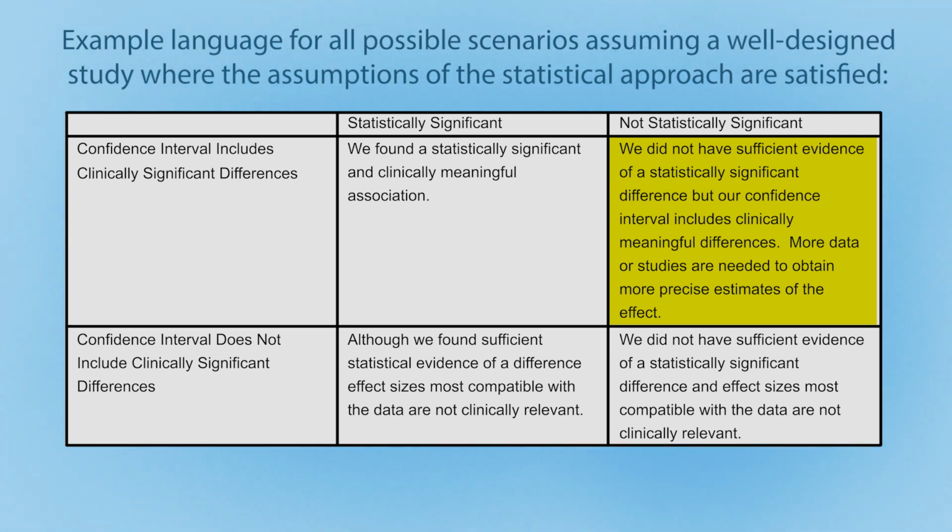More data or studies are needed to obtain more precise estimates of our effect size. And then in the case where our confidence interval does not include clinically significant differences, we might say something like, our effect sizes most compatible with the data are not clinically relevant.